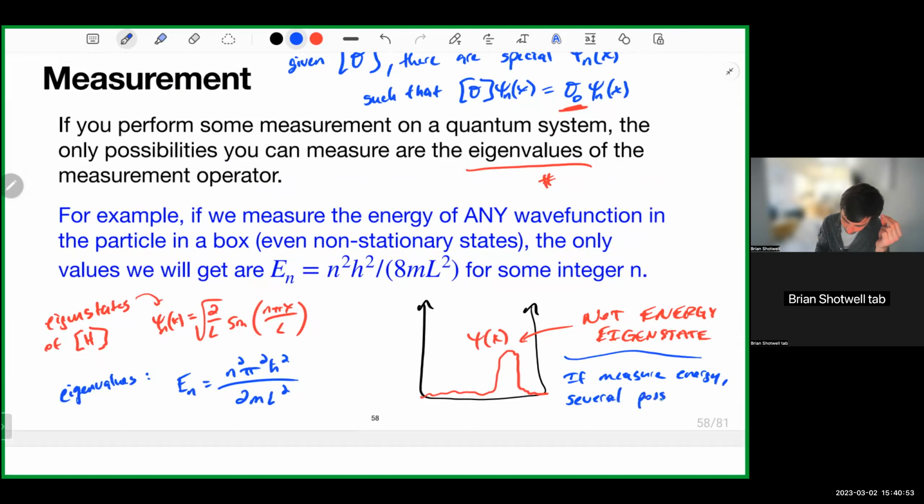So there's not one value that we would get with 100% probability. Several possibilities, but the only ones are these values right here.